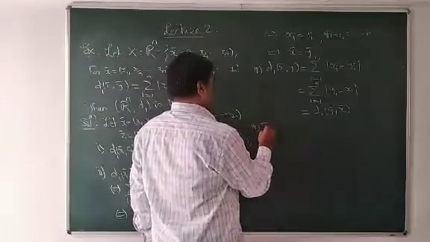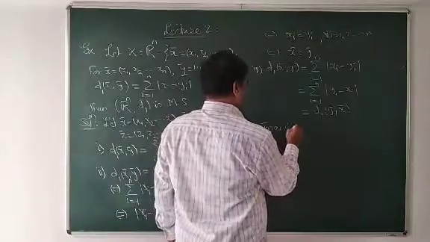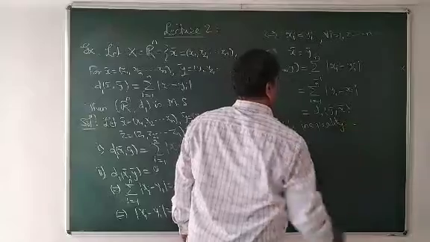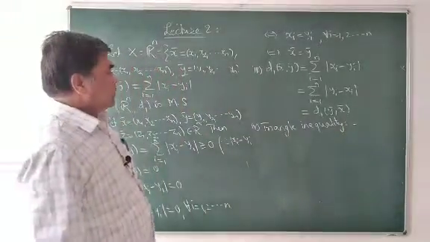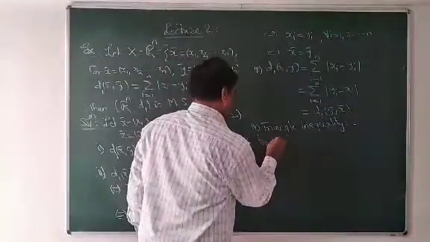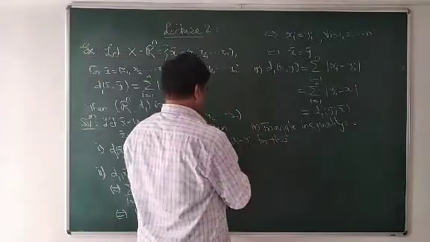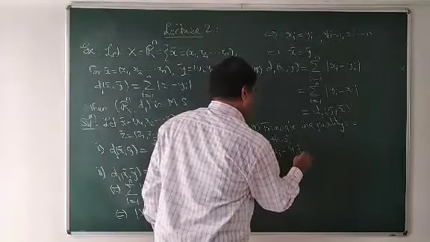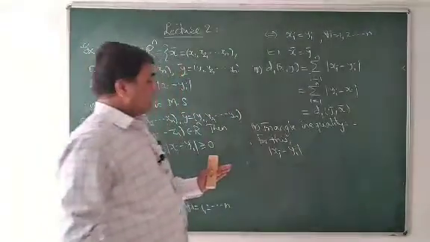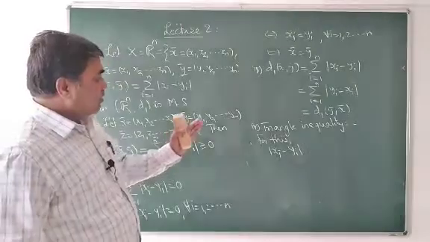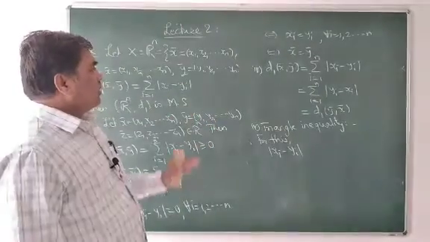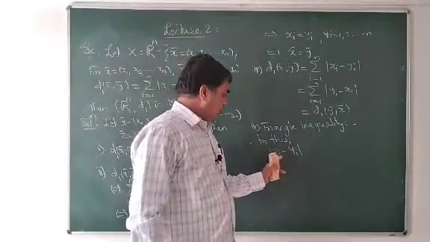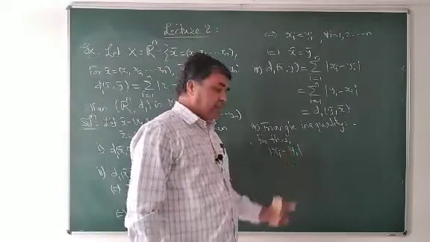Fourth, triangle inequality. For this, mod of xi minus yi, I can write as, I have to relate x bar, y bar to x bar, z bar and z bar, y bar. So their components xi minus yi are real numbers.